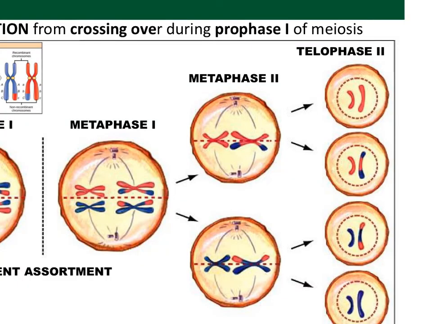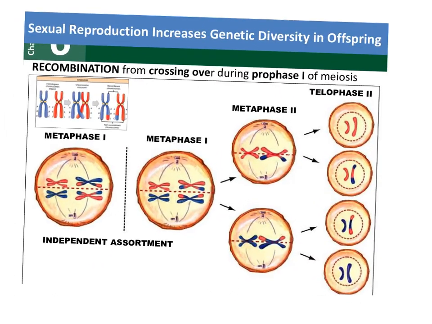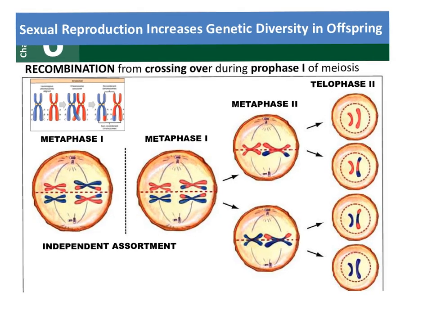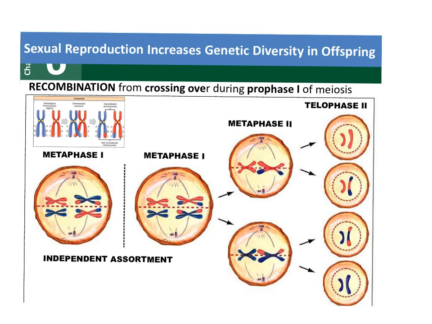Okay. Sexual reproduction. Crossing over and independent assortment happen during meiosis 1. Okay?